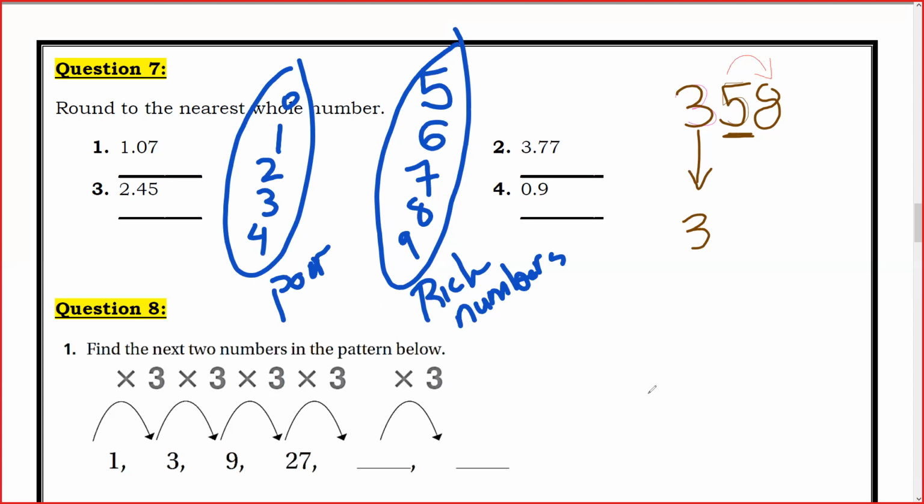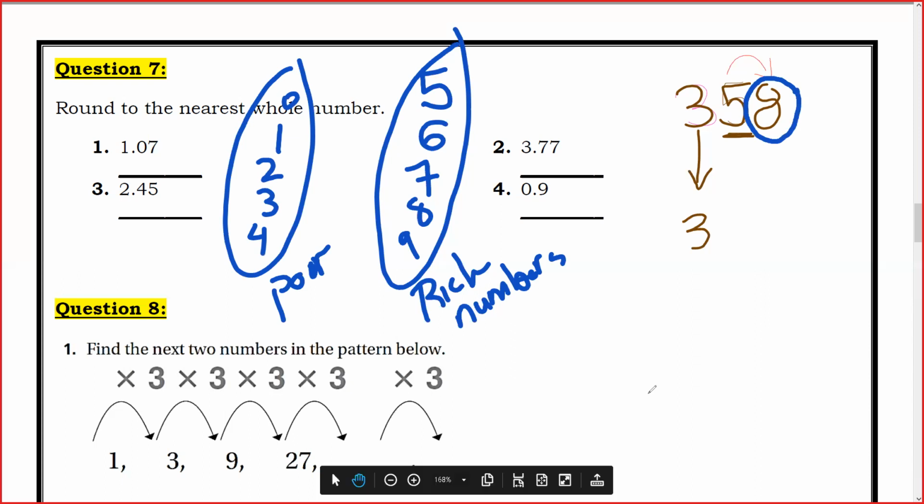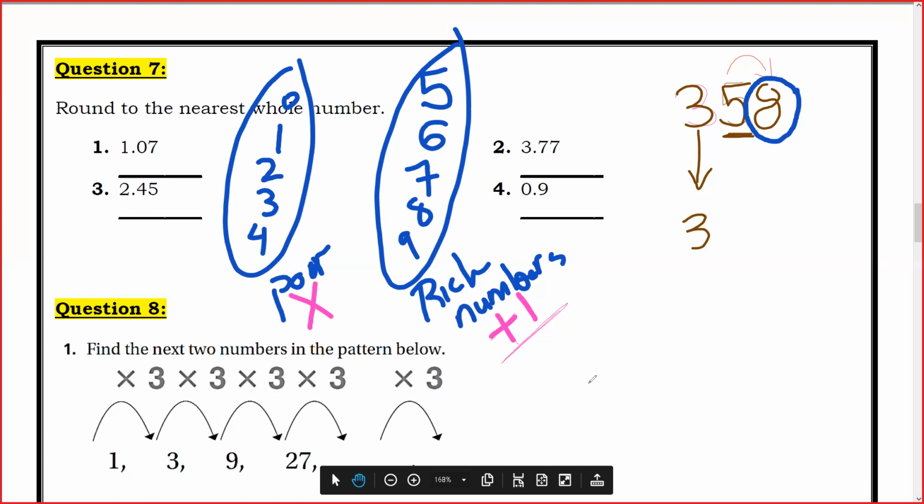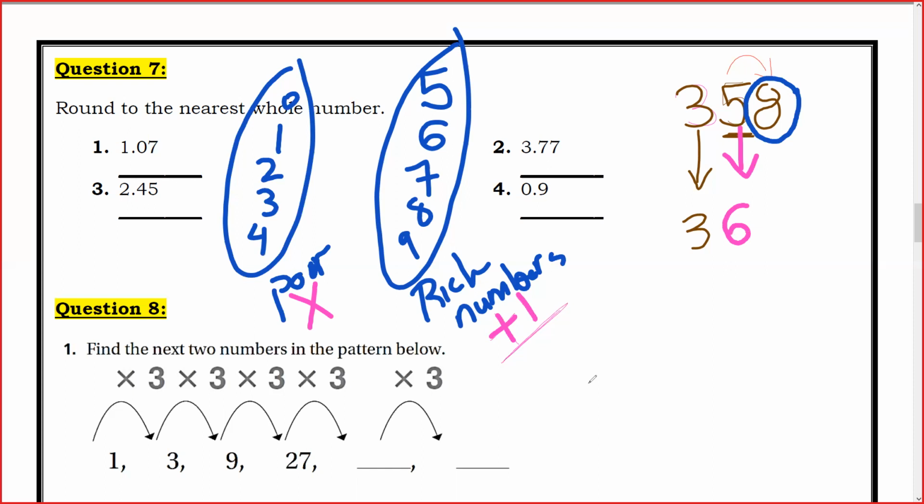So now, for number 5, what is the number before it? 8. Now 8 is a rich number. It means it can give me 1. But the poor cannot give me. So now I take 1 from the 8. She will give me, so 5 is going to be 6. Okay? And then after I take from here, I will make here 0.